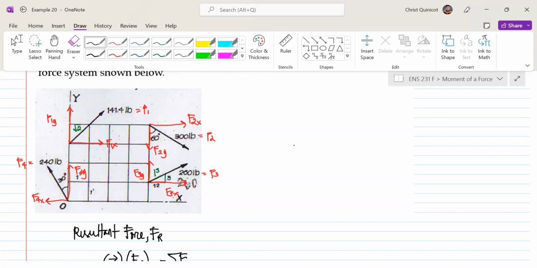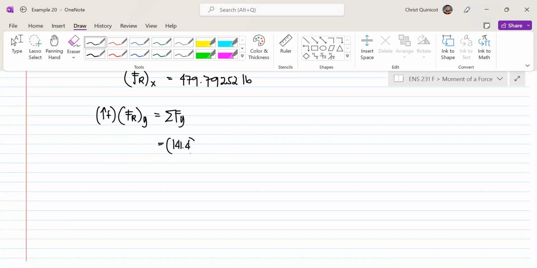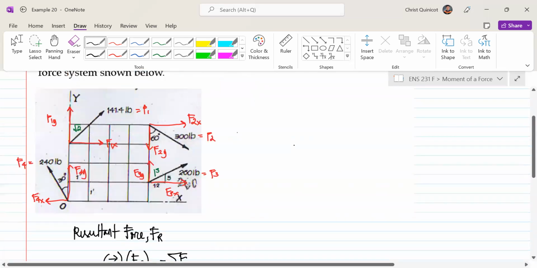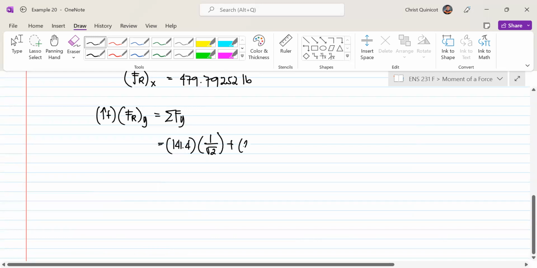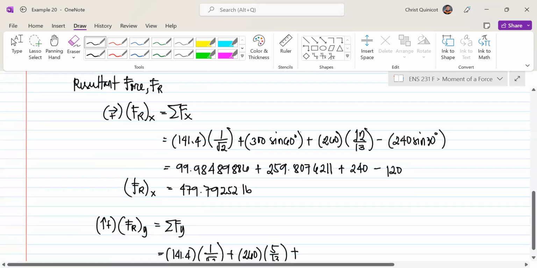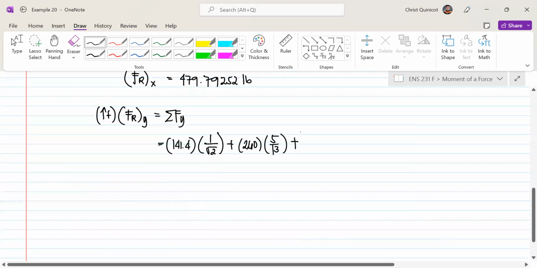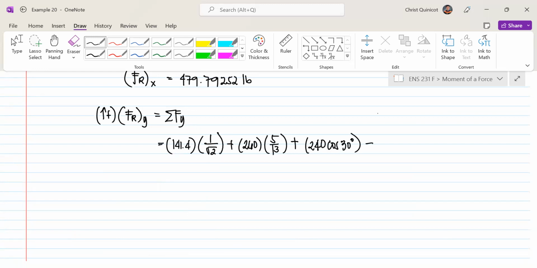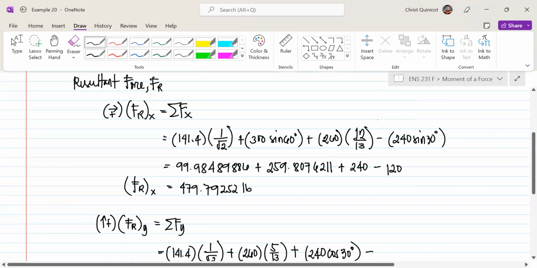So F sub 1y, 141.4 times 1 over square root of 2, plus our F sub 3, because 3 is going up, that's 260 times 5 over 13, plus our F sub 4y, 240 cosine 30 degrees, minus our 300 cosine 60.